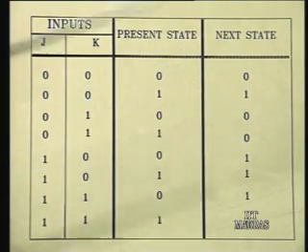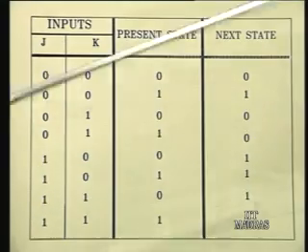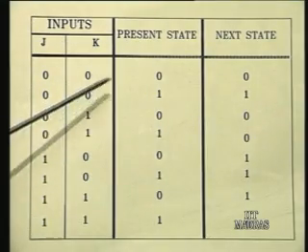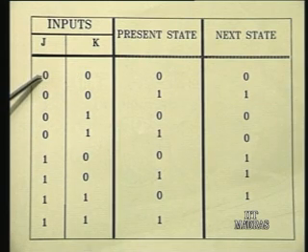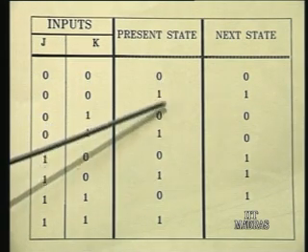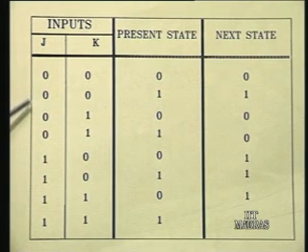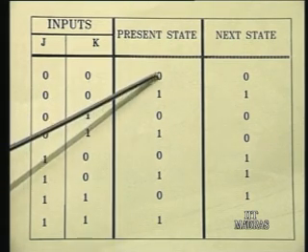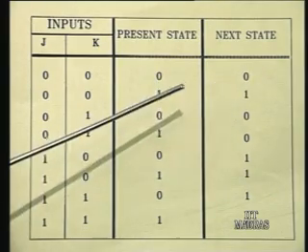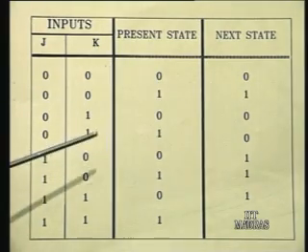Anyway, K is a reset input, so the next state continues to be 0, no change. So, in other words, as long as J is 0, that is, we are talking about these two cases, the state of K does not matter. It does not do anything, right?